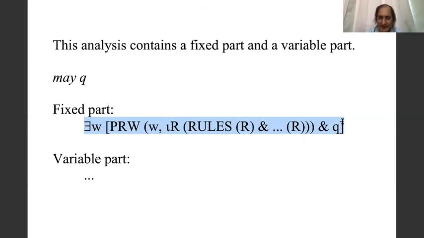We're always talking about a particular set of rules. So this part is always going to be fixed. But it doesn't tell us itself what rules those are. That's the variable part. That's something that can be speaker requirements. It can be John's wife's requirements, law requirements, etc.